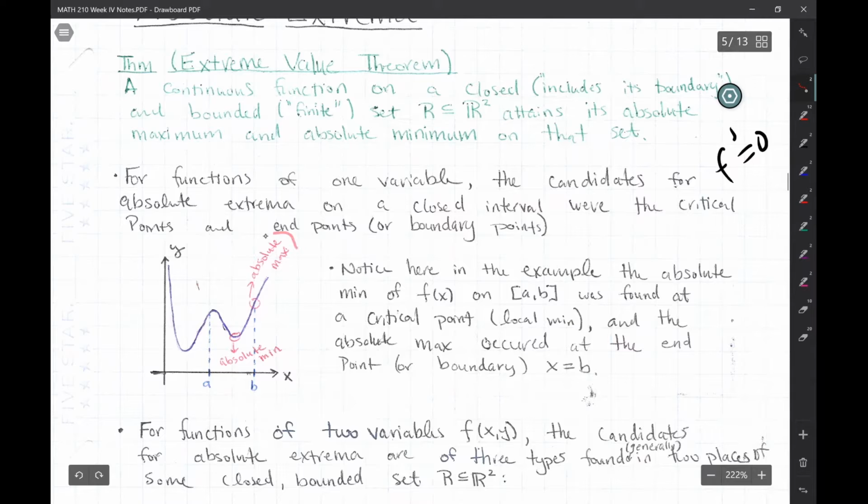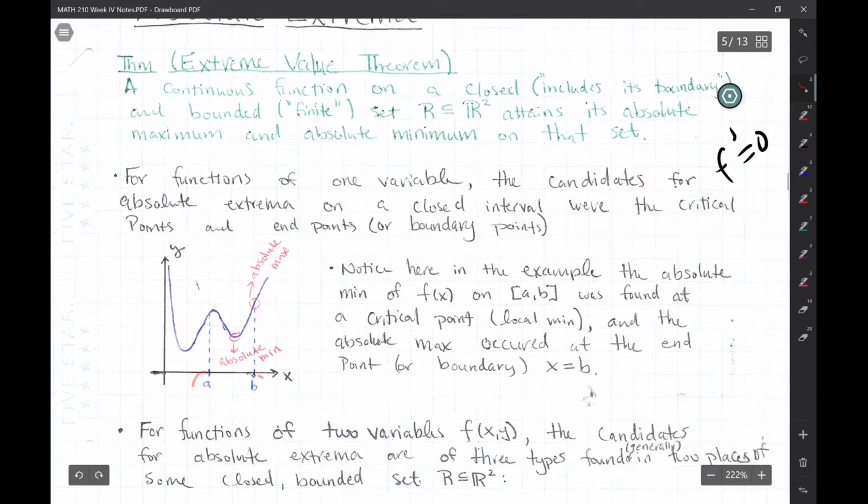Notice the absolute max actually showed up at the endpoint. Even though that's not a peak there, the absolute max showed up at the boundary. The absolute min, on the other hand, shows up at a trough. So that's where the absolute min did indeed show up at a critical point.